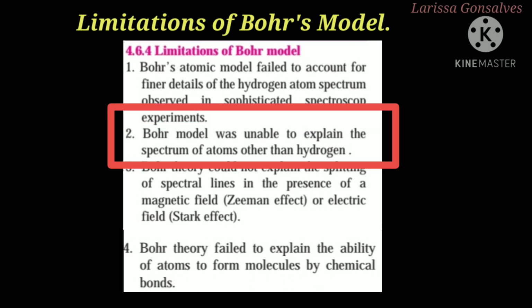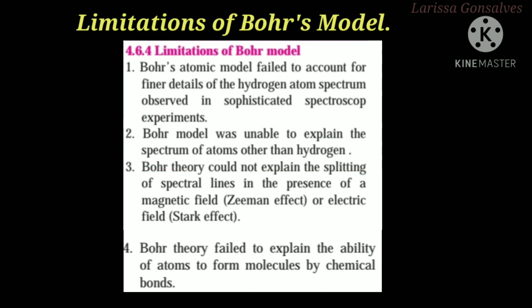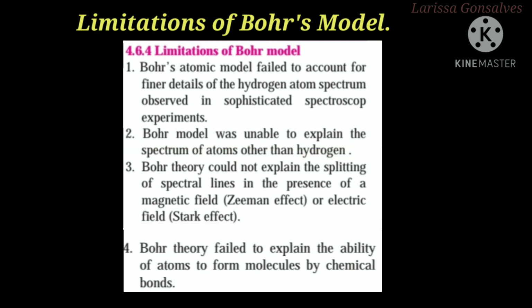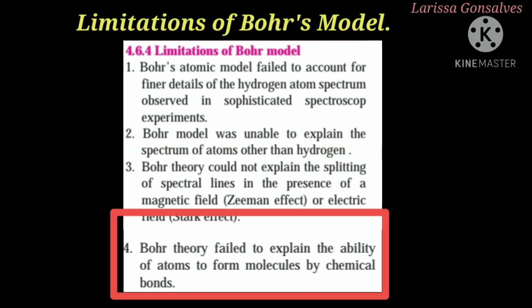It was also not able to explain the spectrum of atoms of elements other than hydrogen. It could also not explain the splitting of spectral lines in the presence of a magnetic field or electric field. Bohr's atomic model also failed to explain how atoms combine to form molecules by chemical bonds.